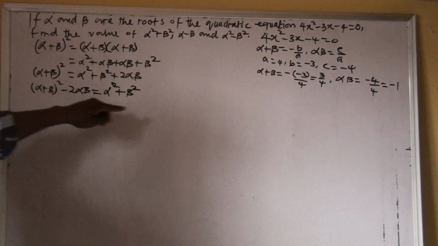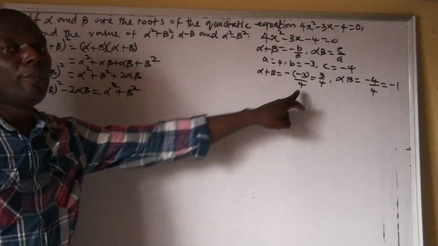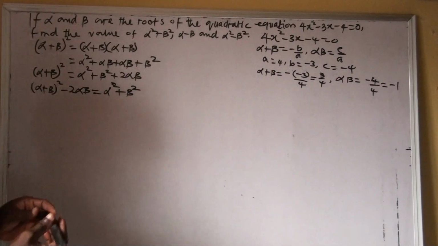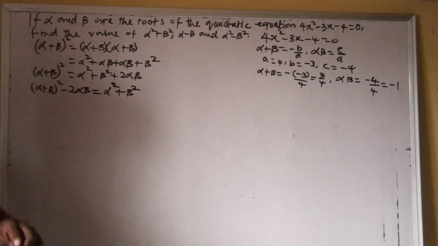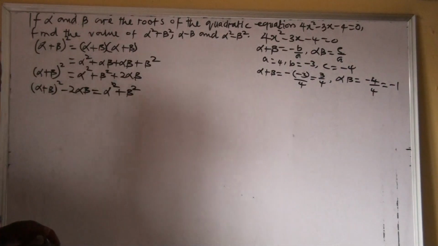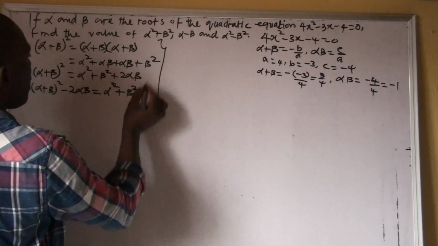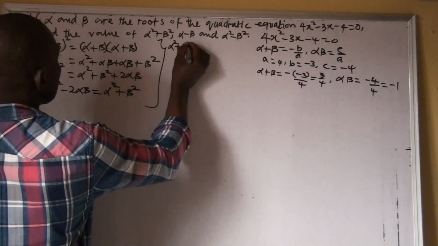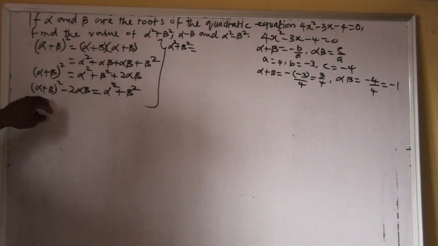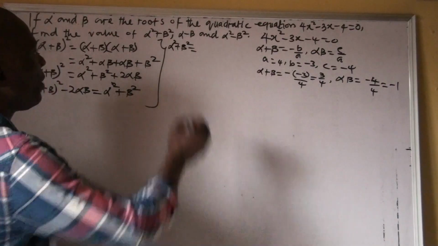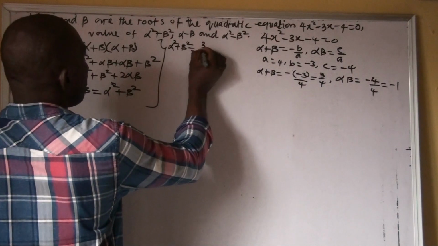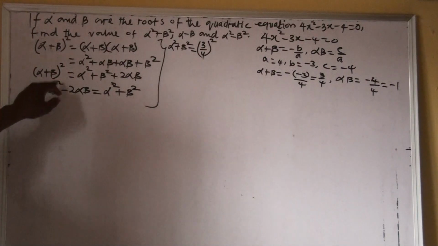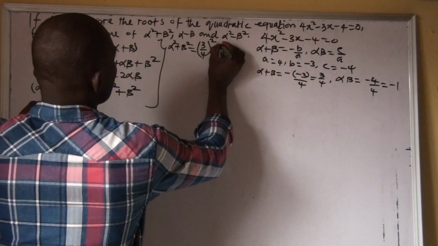From here we'll be able to see alpha plus beta and alpha beta, so that we can substitute to obtain the value of alpha square plus beta square. So alpha square plus beta square becomes, whenever we see alpha plus beta, we put 3 over 4 from the given equation. This becomes 3 over 4 all square, that is alpha plus beta all square, minus 2 times alpha beta.